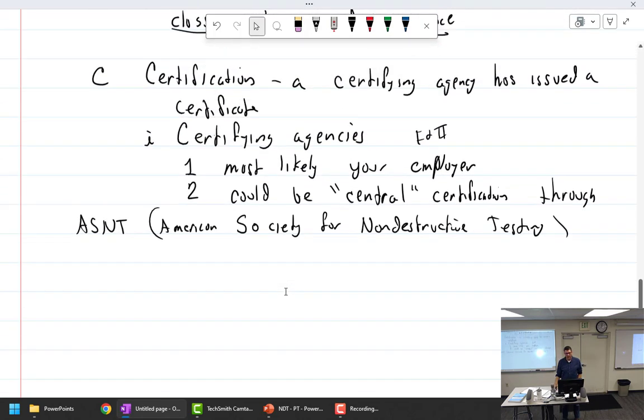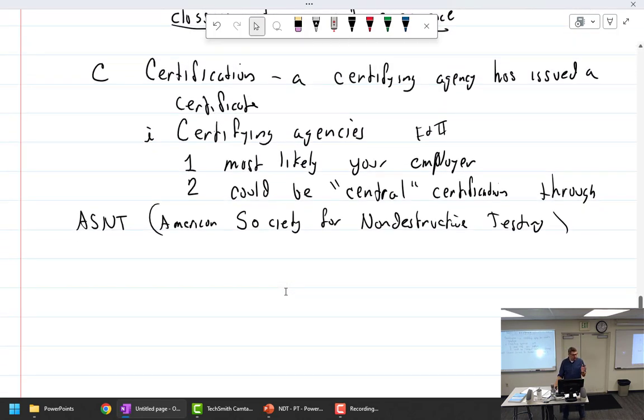Okay, so your certifying agencies. There is the central certification. When I'm talking about central, I'm talking about what you would be looking for, level 1 or 2. Level 1 is you set up equipment and you're a helper to the level 2. Level 2 is the person who's really doing the work. A level 3 can do all of it, but they're the ones who write the procedures.